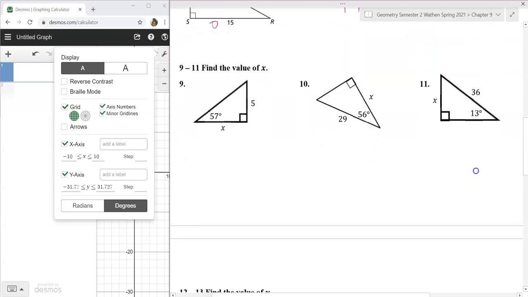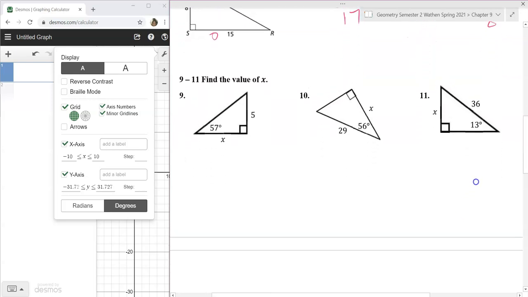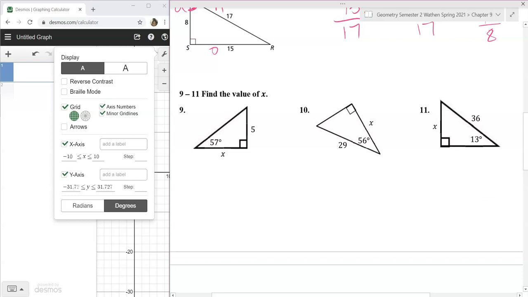For 9, 10, and 11, we're looking for the value of x, and these are all side lengths. So we're going to be using our sine, cosine, and tangent, our SOHCAHTOA. So we'll write it again. To find the value of x here, notice how I'm given this 57-degree angle. So I'm going to go ahead and label the triangle based on that 57-degree angle. The hypotenuse is directly across from that 90-degree angle.